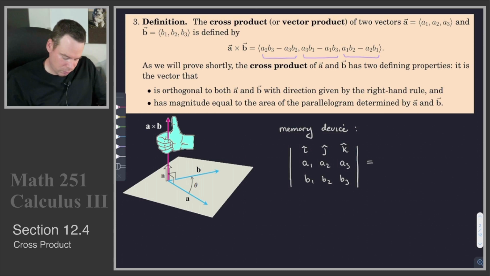And so what I'll do is I will take this value i hat and multiply it by the determinant of the 2 by 2 submatrix. So we get the determinant of a2, a3, b2, b3 times i hat, and then we do the same thing.